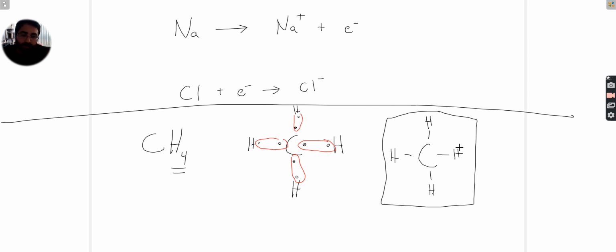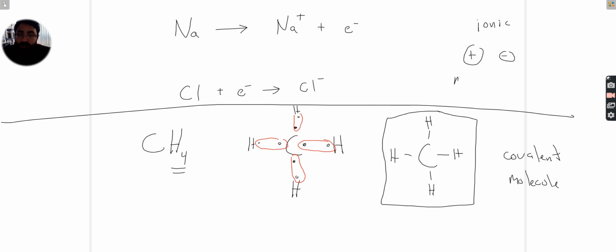But this right here is called a covalent compound, and it makes a molecule. So whenever you hear the word molecule, you should be thinking non-metal. Whenever you see the words ionic compound, you should be thinking charges: positive, negative.